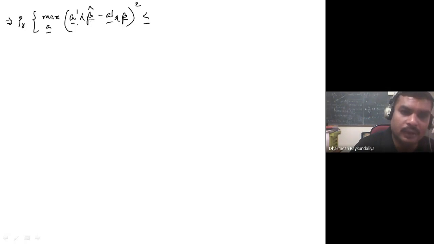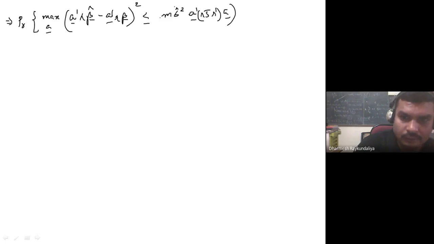It is A dash variance of lambda beta cap A. But what is the variance of lambda beta cap? It is lambda S bar lambda dash sigma square. So we can write this as M sigma cap square A dash lambda S bar lambda dash A, F 1 minus alpha, M, N minus R, equal to 1 minus alpha.